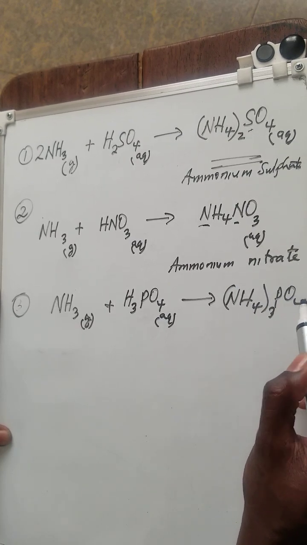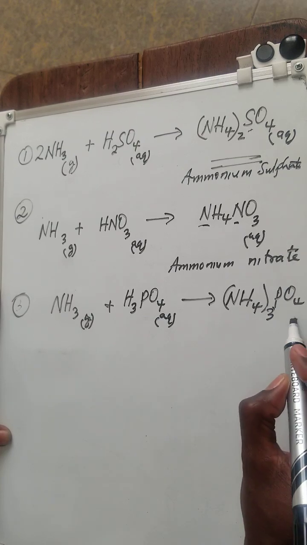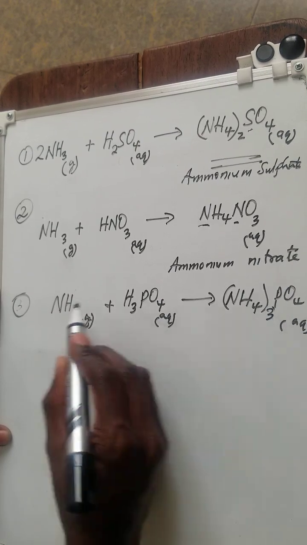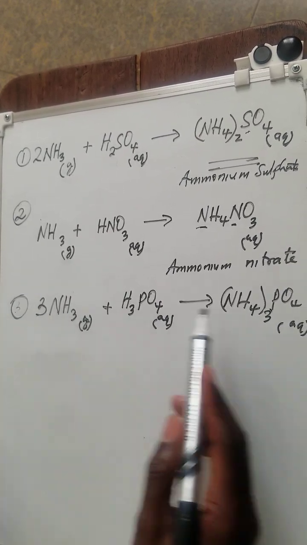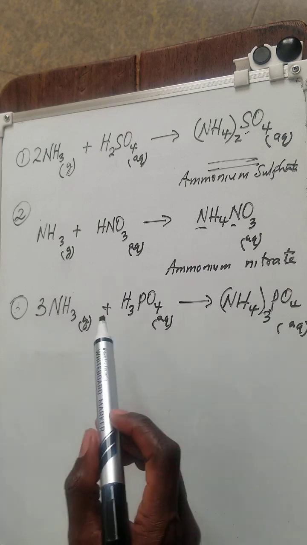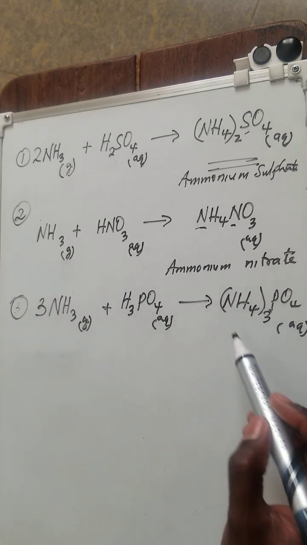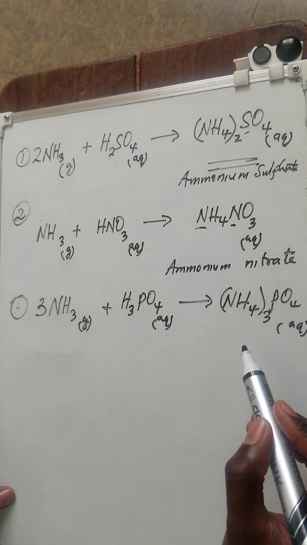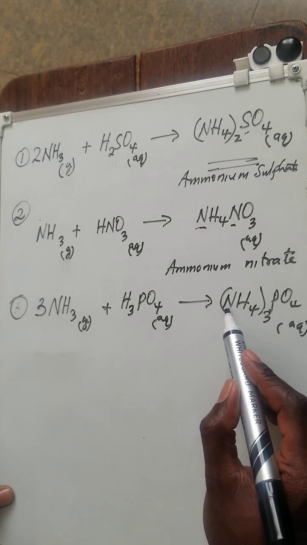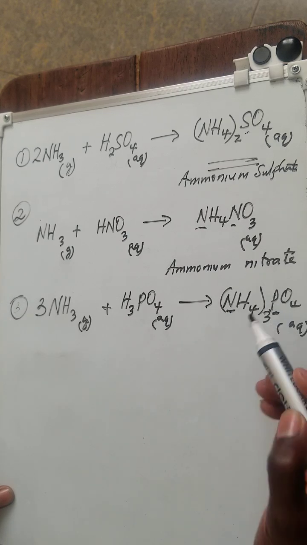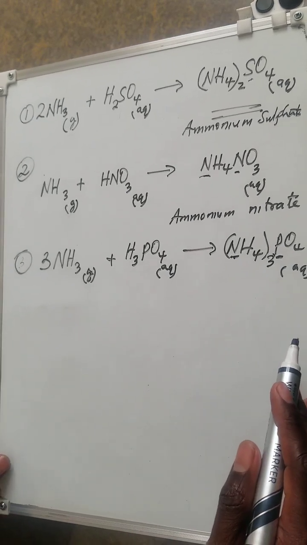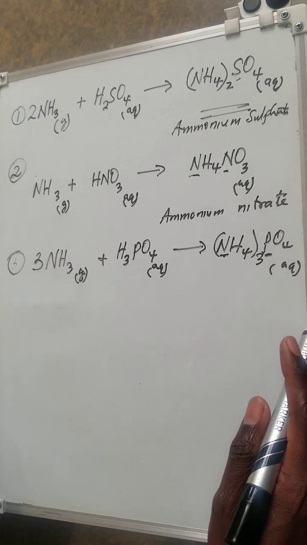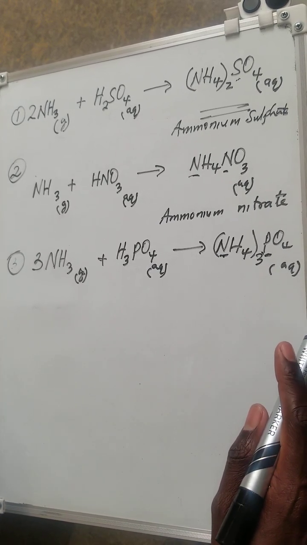It is going to produce ammonium phosphate, which is still aqueous. To balance up, you put a 3 there. Why is ammonium phosphate needed by plants? It contains nitrogen and phosphorus, elements that are needed by plants. So that is what you need to remember.